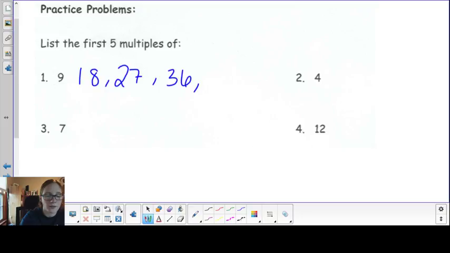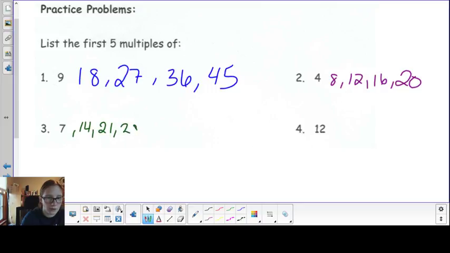And then 5 is 45. 4, 8, 12, 16, 20, 14, 21, 28, 35. And then we need 24, 36, 48, and 60.